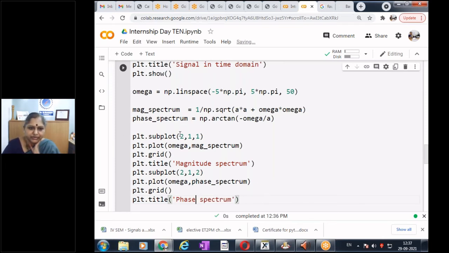And let's run this. So I am getting the magnitude spectrum and the phase spectrum.